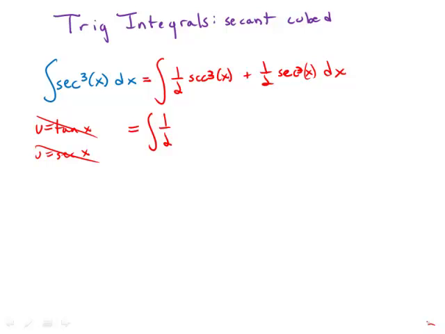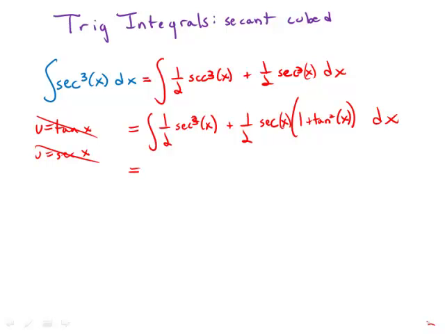Then what we're going to do, leave the first one as just secant cubed, but in the second one, we're going to apply the Pythagorean identity to 2 powers of the secant. So what we're going to get is secant x times 1 plus tangent squared x.